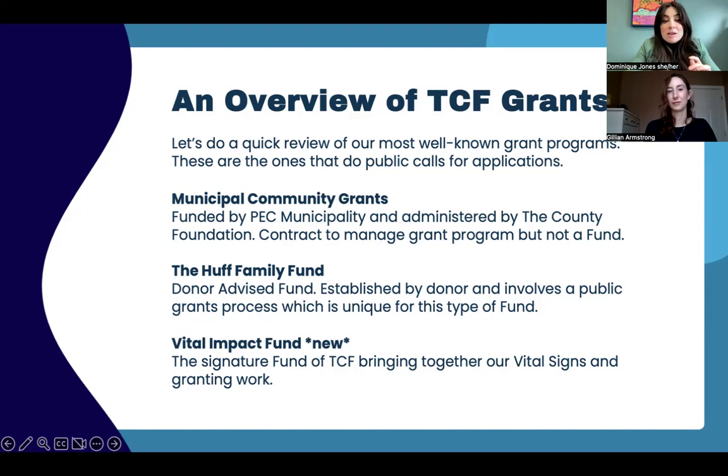In terms of how this fund is funded, where the money comes from, a good portion of it is actually County Foundation money. This is money that we have earned over the years and collected in a granting fund. And then we've also benefited from two estates that are funding directly into this granting stream, because we thought that was the best way to get the money out into community.